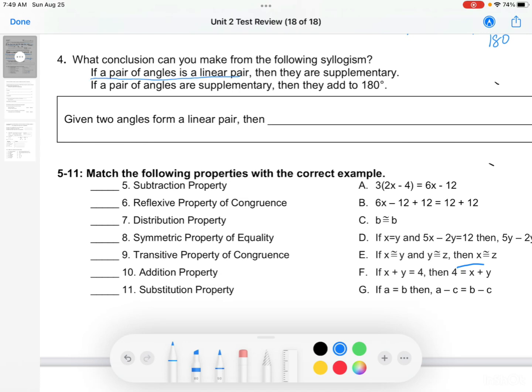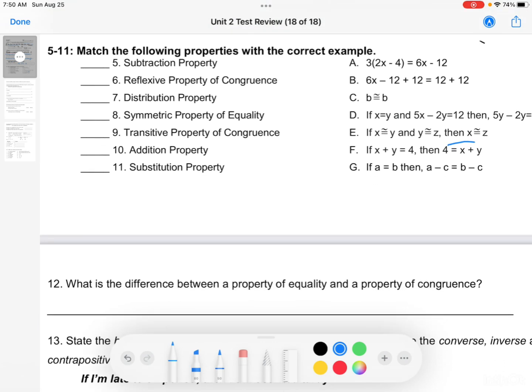If a pair of angles are a linear pair, they're supplementary. And if they're supplementary, they equal 180. So I'm going to take out the part about supplementary because they both are equal to that. So that means that they're going to be equal to each other. Given two angles form a linear pair, then they add to 180.